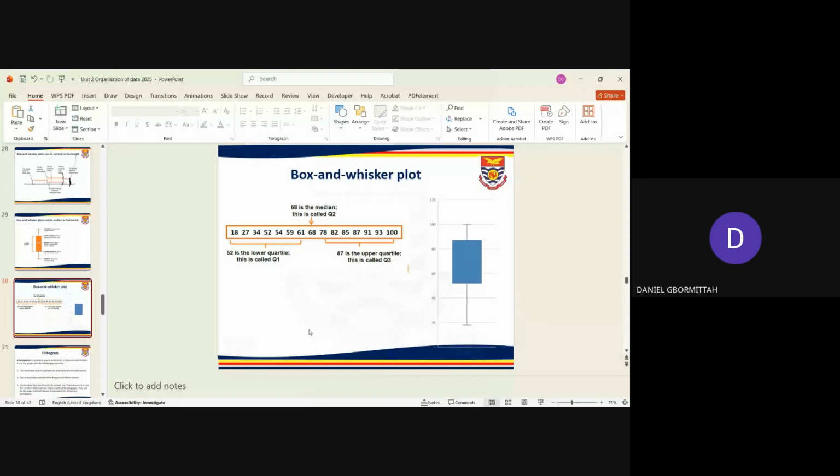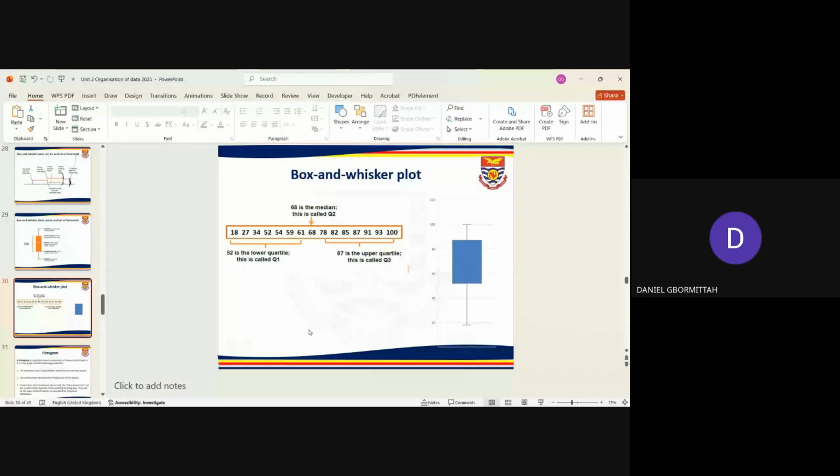So 15 plus 1 is 16, and 1/4 of 16 is 4. Now count the fourth observation and see if the lower quartile is 52. Yes, so that is how we got 52 as the lower quartile.